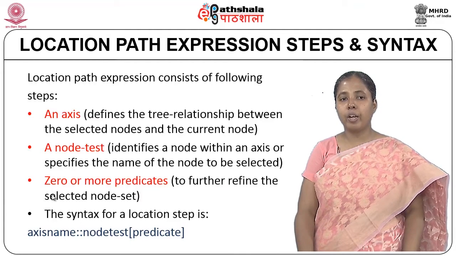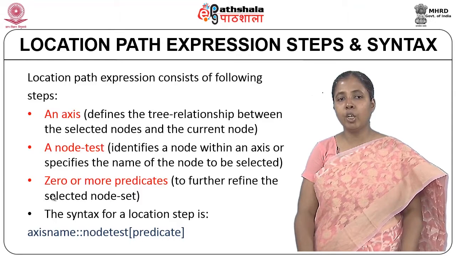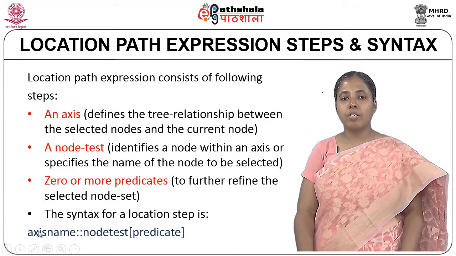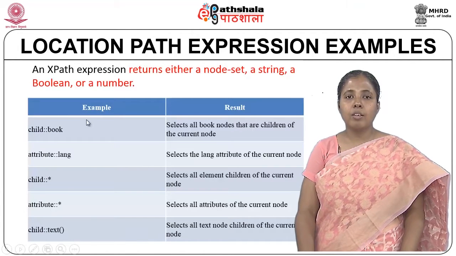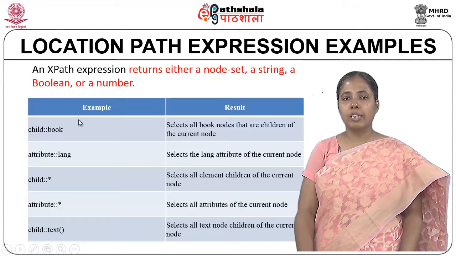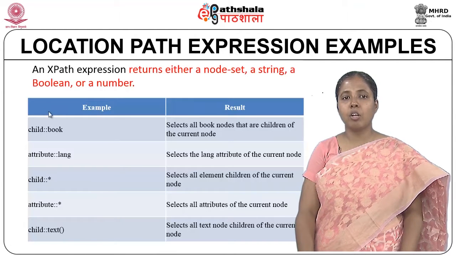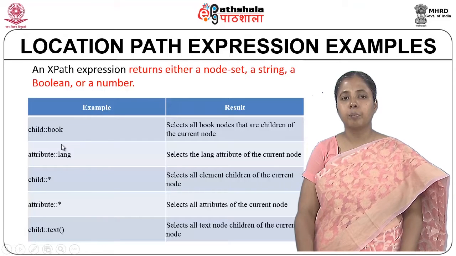And there are zero or more predicates to further refine the selected node list. So the syntax for a location step is the axis name, then the scope resolution operator, the node test along with the predicate. Now, these are some examples which return either a node set, a string, a boolean or a number.